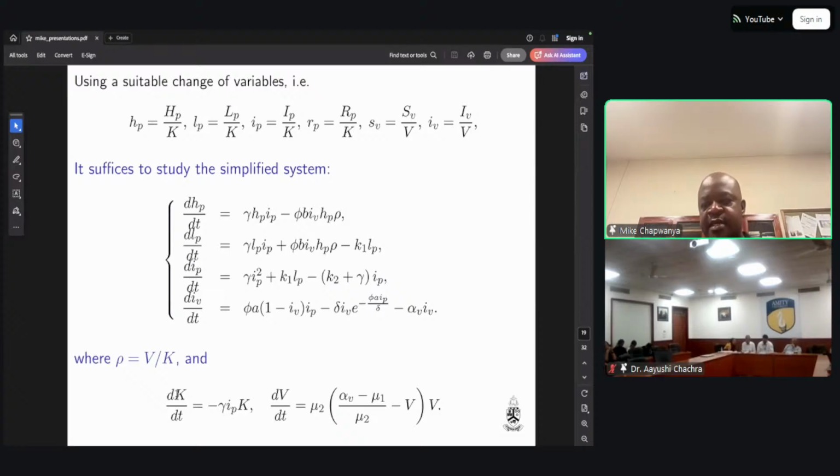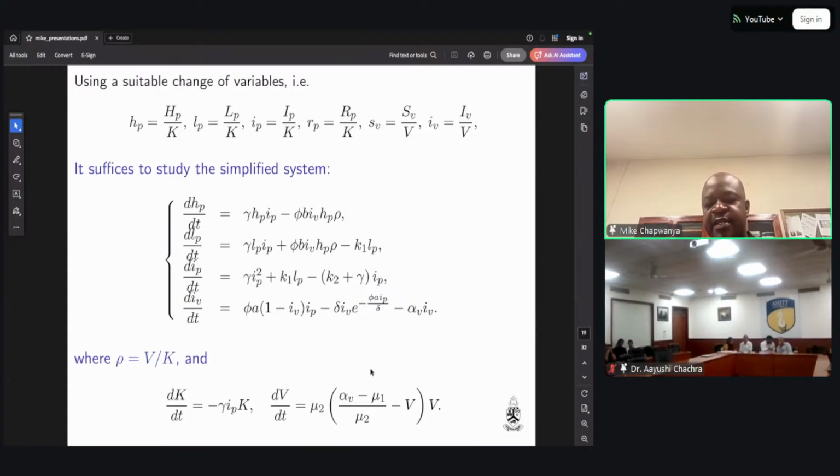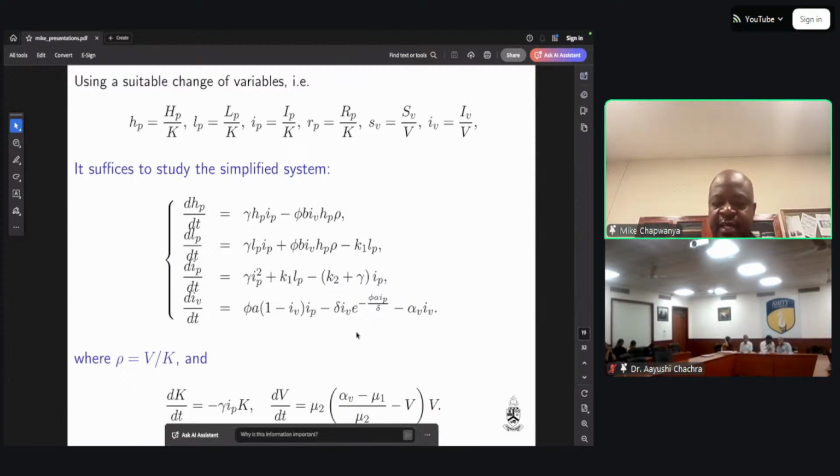But as the effects of the disease go in, K will reduce, of course. Now, V, which is capital V, that's the total vector population. As I said, it actually grows logistically, as you can see. So you can see now in this case that the total vector population is not affected by the plant. So the equation for V, you don't have any effects of the plant population.